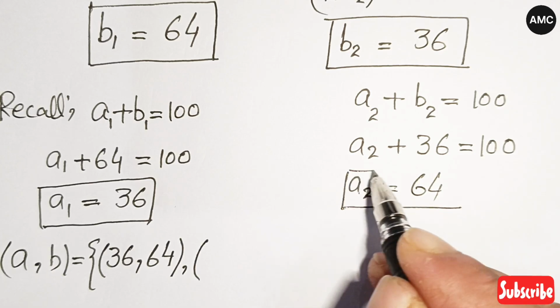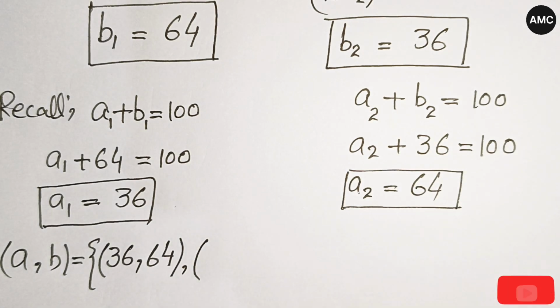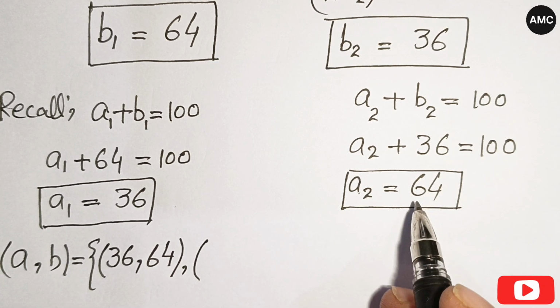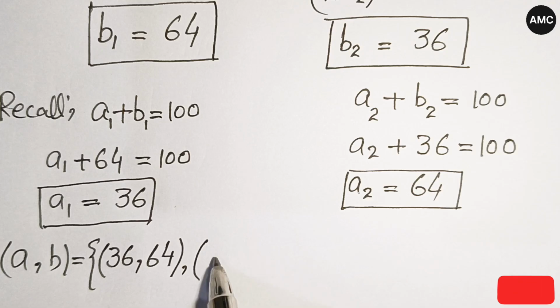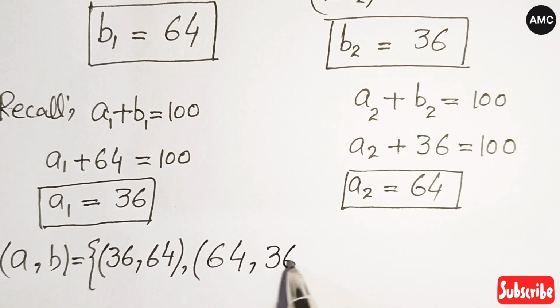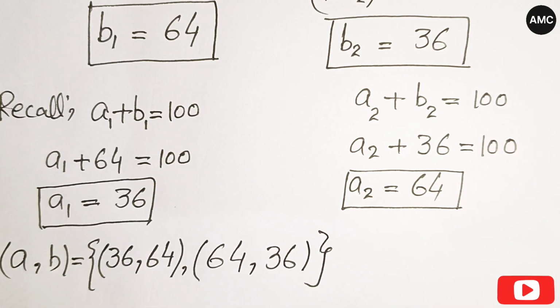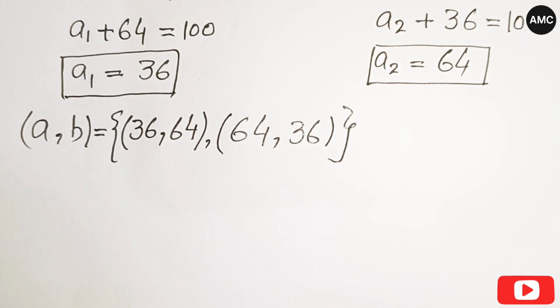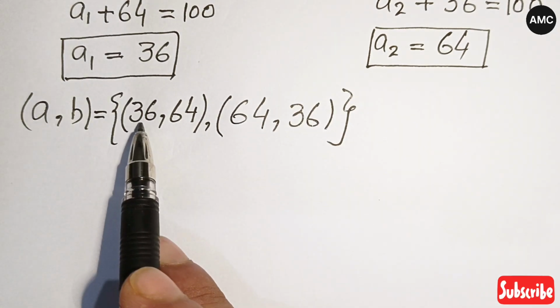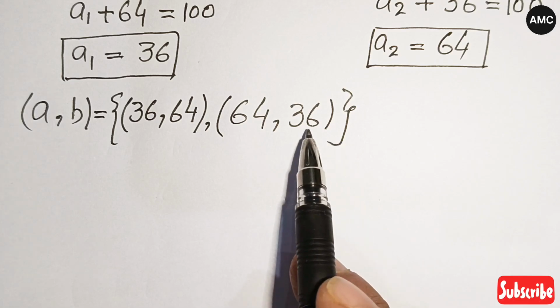So here the value of a2 is 64. Now our second pair of values is 64 and here we have 36. So it is our final values, that is the final answer of a and b. We see that here the value of a is the same as the value of b in the second pair.